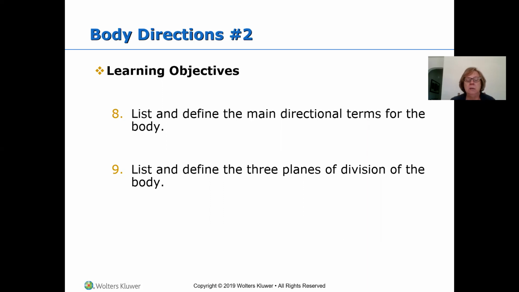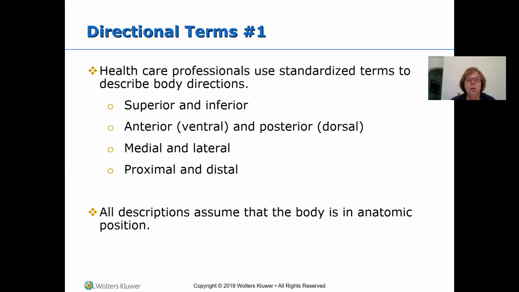So you should be able to understand and study the learning objectives here for numbers 8 and 9. You need to be able to list and define the main directional terms for the body, and be able to list and define the 3 planes of division for the body.